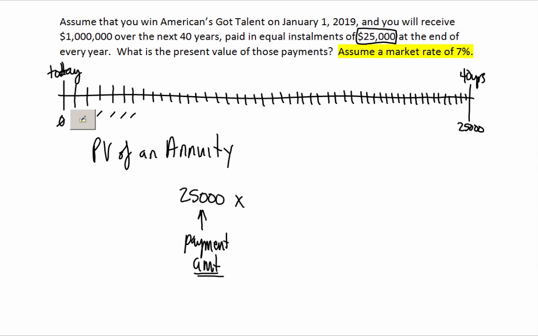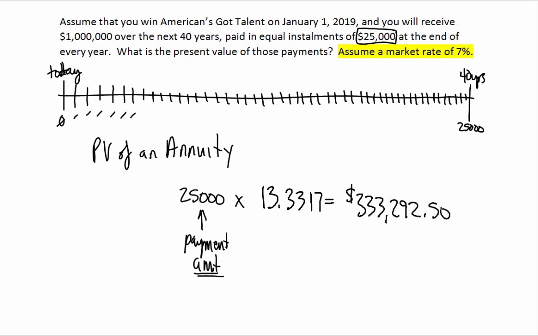So let's do that. The factor we said was 13.3317. What does that equal? Well, $333,292.50.